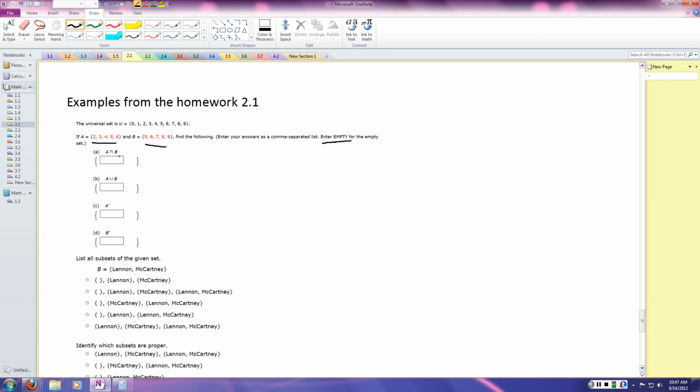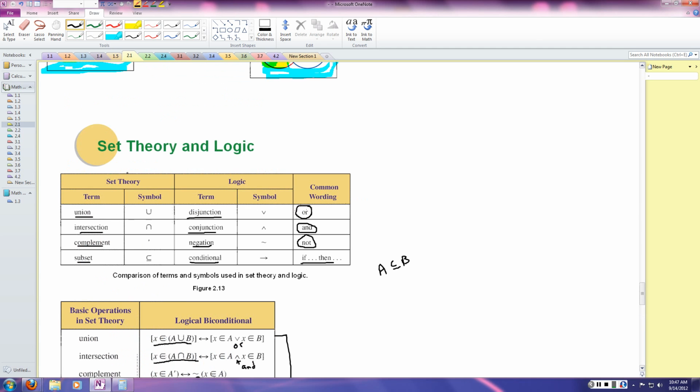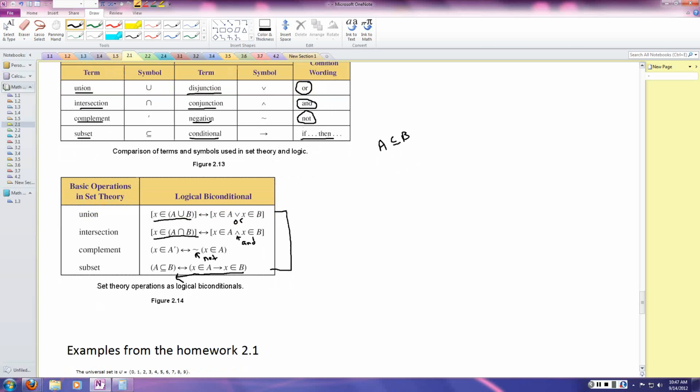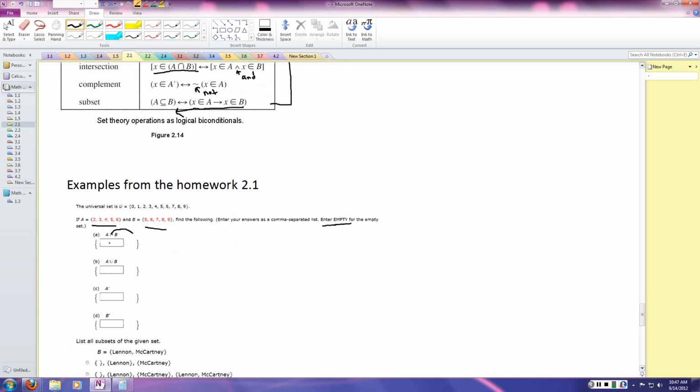So here we're looking for A intersection B. Knowing what intersection means, if we come up here, intersection means and. So elements in A and elements in B. I'm going to list out, I'm not going to have enough room here, but it would be 2, 3, 4, 5, 6. 5 and 6 I don't list again. 7, 8, 9.